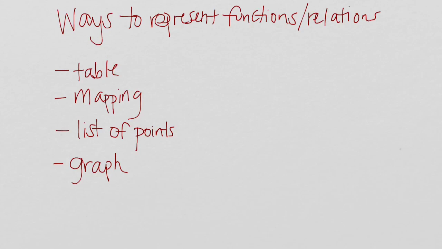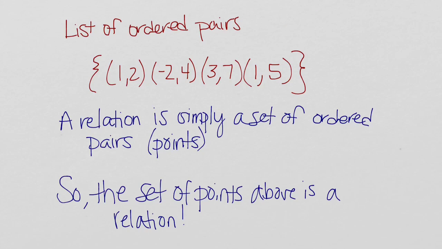Alright, so there's 4 ways that we're going to represent functions this year: tables, mappings, list of points or ordered pairs, and graphs. So here's your list of ordered pairs, probably the easiest one. These little curly braces are just telling you this is a set of points, ordered pairs, whatever you want to call them, and that this is a relation.